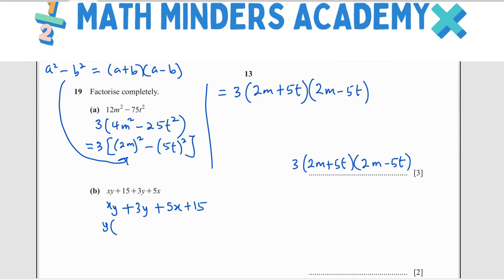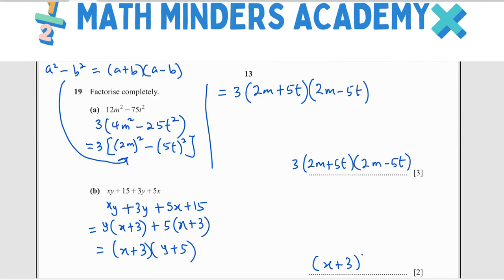We have x plus 3. 5 can go in 15, so we have x plus 3. So this will give us x plus 3 into y plus 5. So that's the final answer. We write x plus 3 here, and we have y plus 5 here.